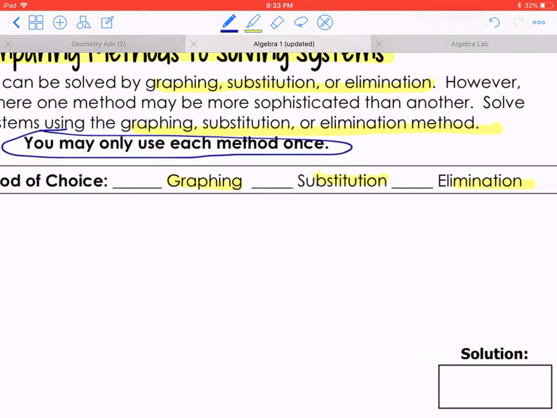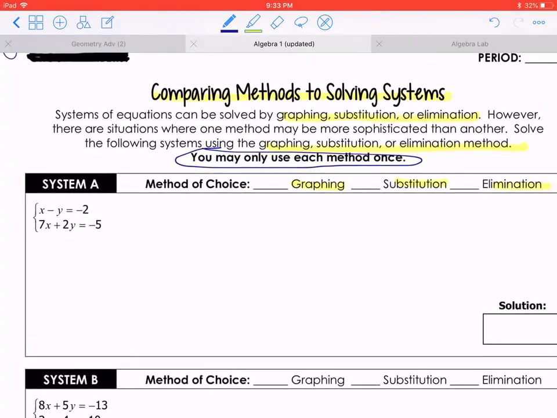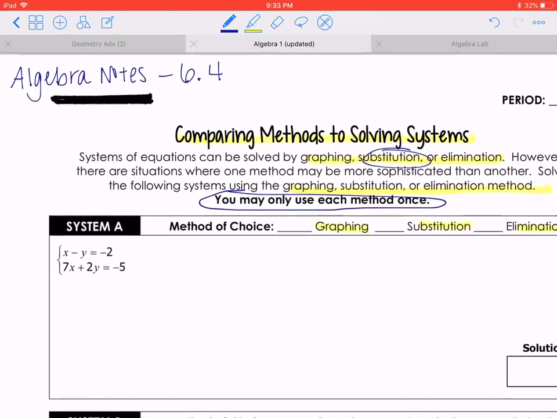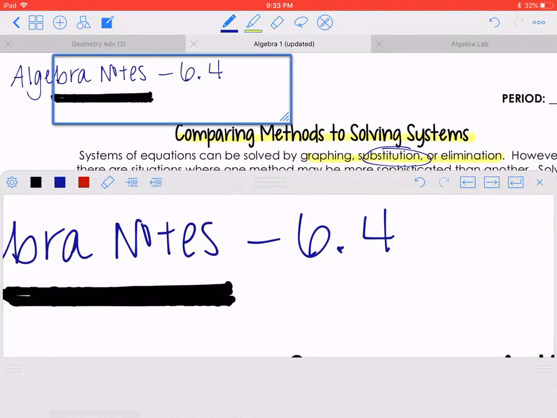When talking about substitution, make a little note, I'll take some notes up at the top.